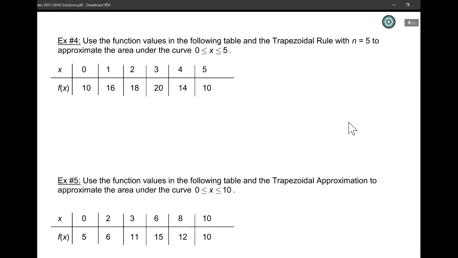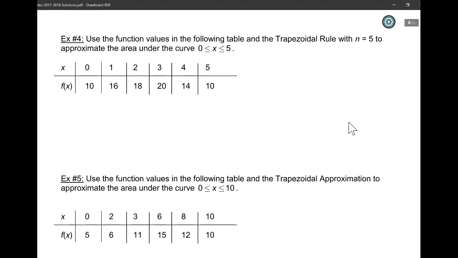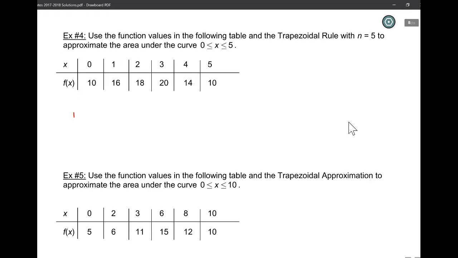Okay, use the function values in the following table and the trapezoidal rule with n equals 5 to approximate the area under the curve from 0 to 5. So kind of similar to when we had a table of values with the rectangular approximation method, here we have the trapezoidal rule. And we want n equals 5, so from 0 to 1, 1 to 2, 2 to 3, 3 to 4, and 4 to 5. We can do this with the trapezoidal rule, or we can write it out with individual trapezoids.